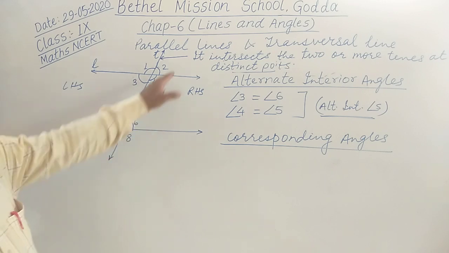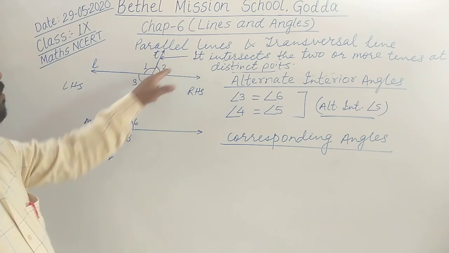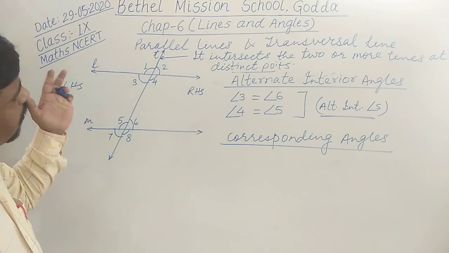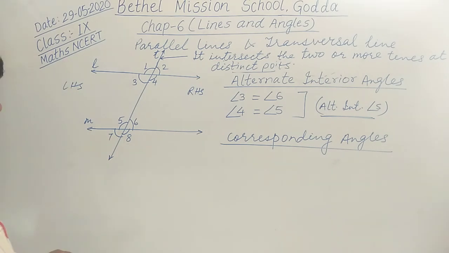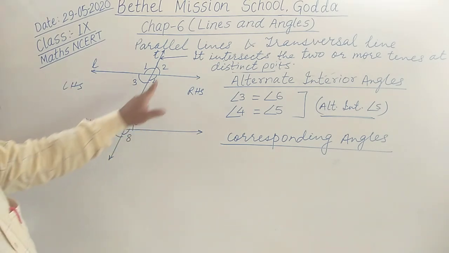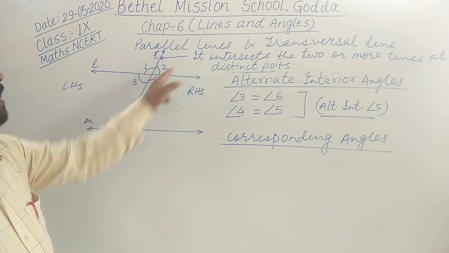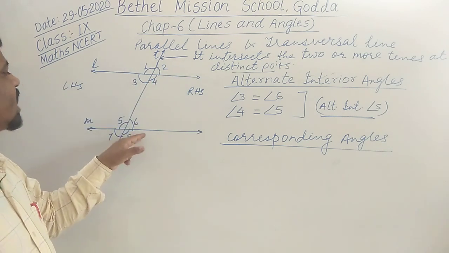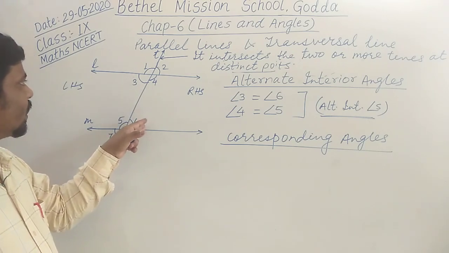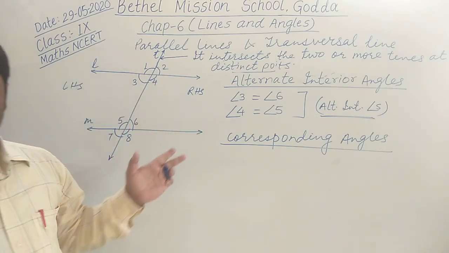So this angle 2 will be equal to angle 6. What is the special property there? You see, angle 2 is just outside of the first line and angle 6 is just inside of the second line. But they are on the same side.